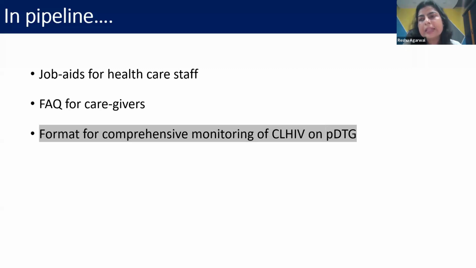So it really needs very comprehensive, rigorous and systematic monitoring, and that's why NACO would be sharing this format with you with access to SACs and PCOE, so that a timely intervention can be done if there is unwanted unsuppression seen in these kids. So this format would be shared with you.